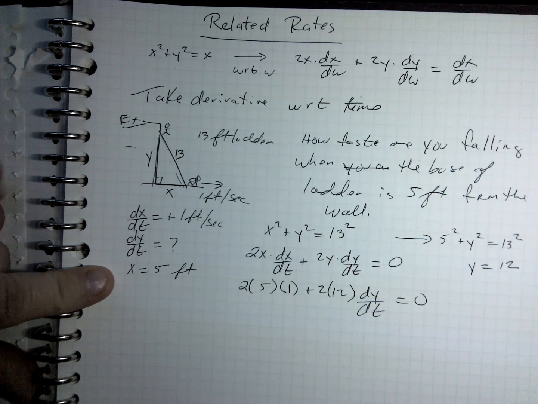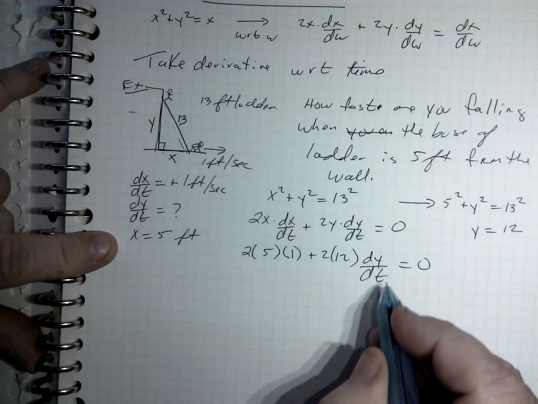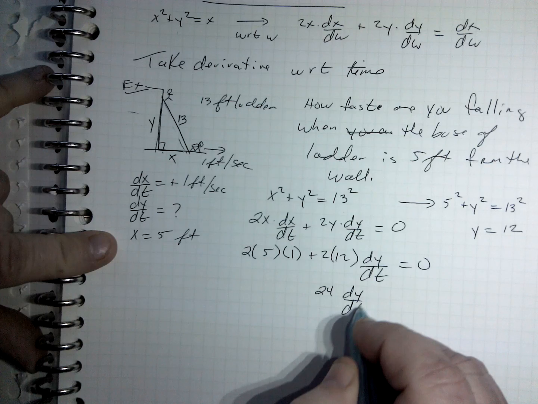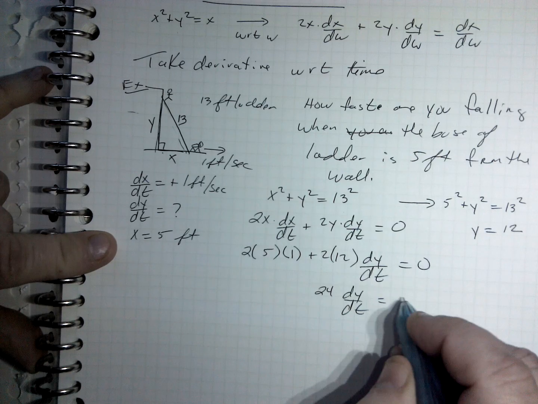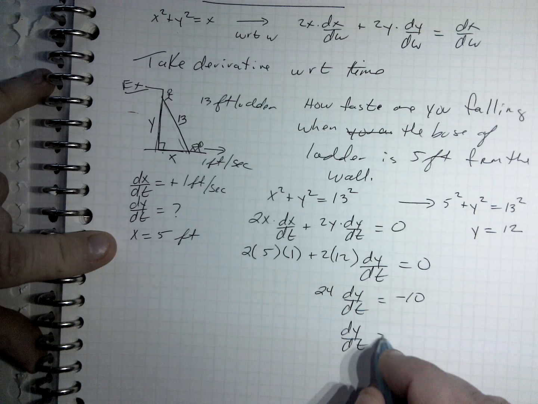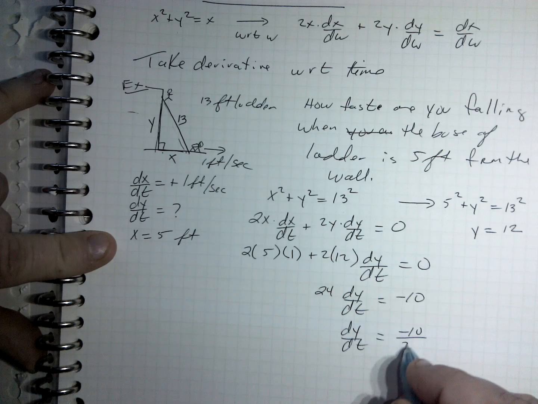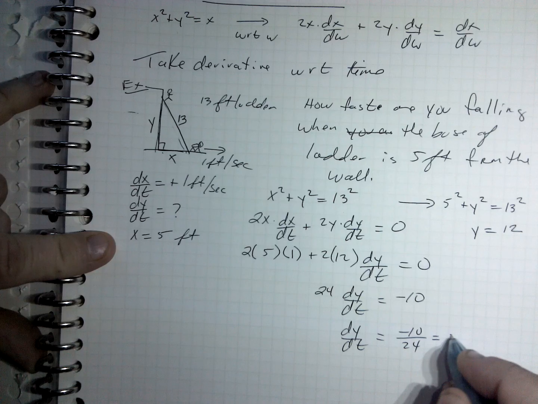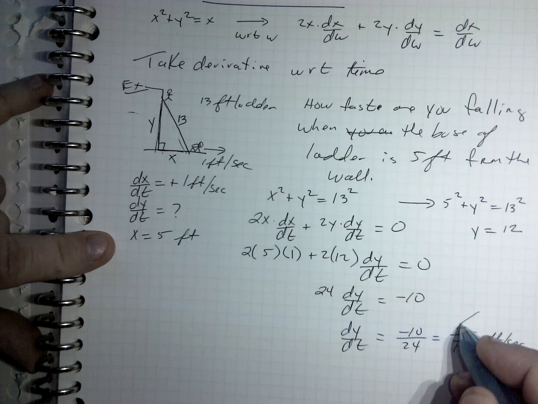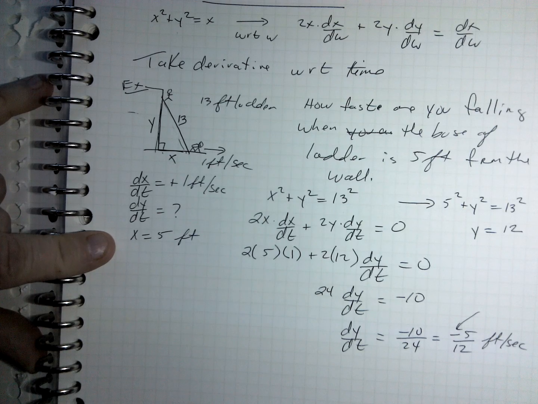Solving for dy/dt, I have 24 dy/dt is equal to, bring that over, negative 10. So dy/dt is negative 10/24, also known as negative 5/12 feet per second is how fast you are falling. Notice it's negative because you are falling.